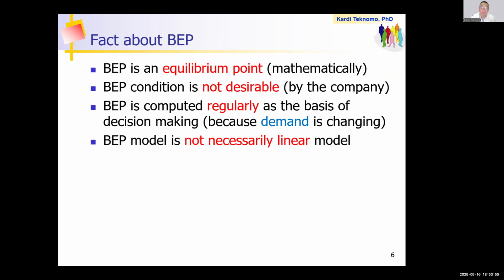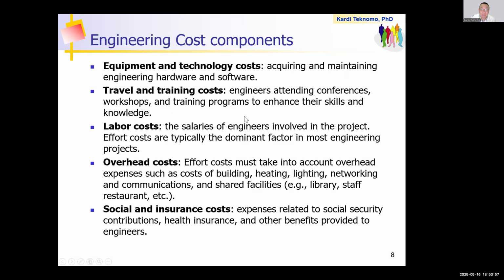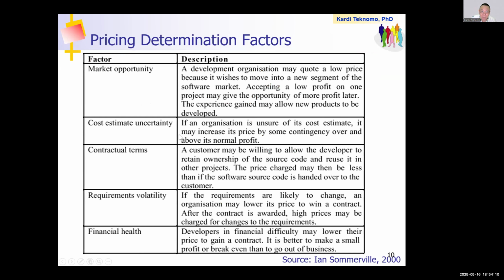So these are examples of costs in engineering, probably the equipment, the travel, labor cost, overhead, and so on. And to decide the price, there are many factors as well, probably based on the contract, based on the requirement. It depends on the financial health of your company.